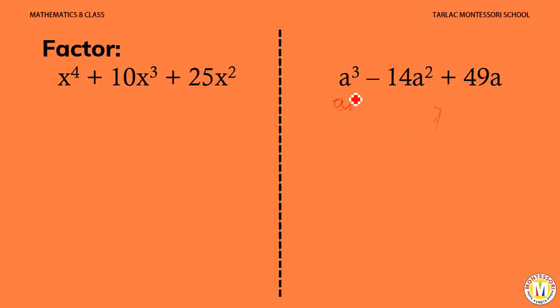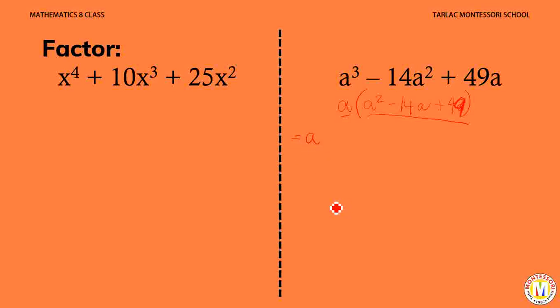So a, you are moving out a. This will become a multiplied to a squared minus 14a plus 49. So we have divided all of the terms by a to obtain this particular factor. So hindi po natin kakalimutan si a.